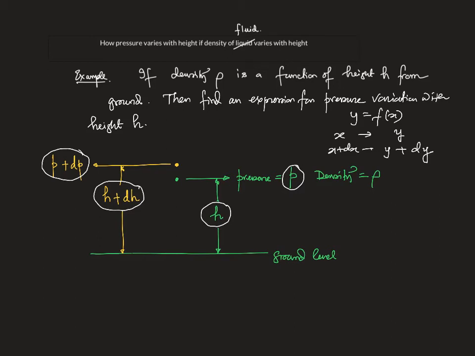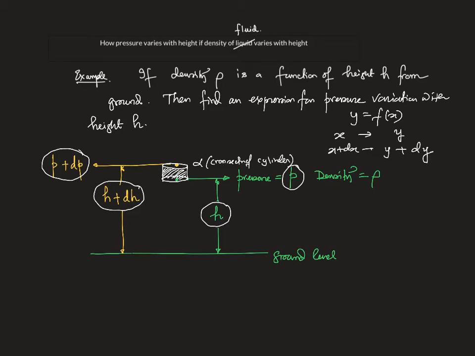Now we consider a very small cylinder made of the fluid like this. Suppose the cross section is alpha. Alpha is the cross section of the cylinder. The cylinder has a height dh.